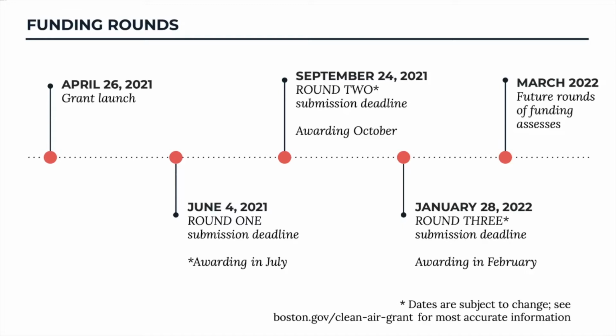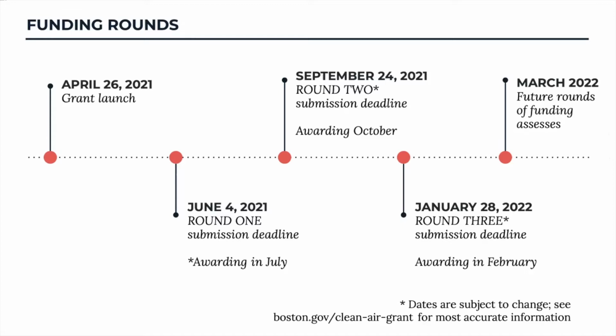So an important thing to note here is also, if your proposal is not selected in the initial funding round that you submitted for, and it's a viable and feasible project, it just wasn't able to be funded, it will automatically be carried over to be reviewed at the next funding round.